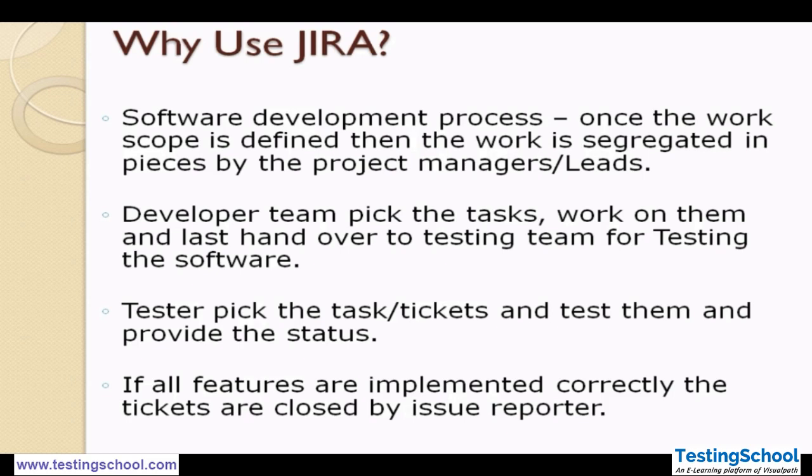So if you have a ticket number, then you can identify that yes, this is the task you need to do and who has done the development of this ticket so that you can take the necessary action when needed.